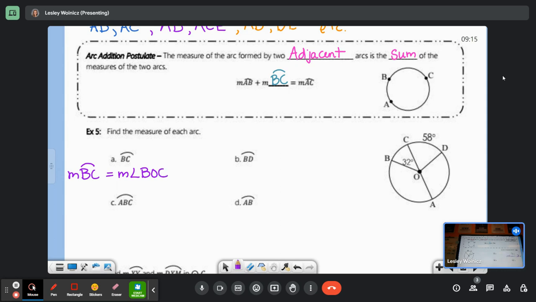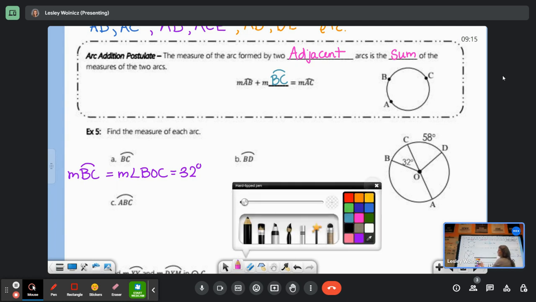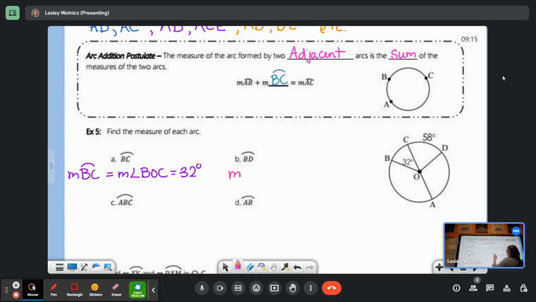I know that the measure of arc BC has to be equal to the measure of its central angle, angle BOC. What is the measure of angle BOC? Okay, what about BD? 32 plus 58. 90.